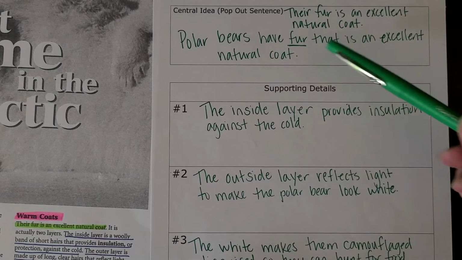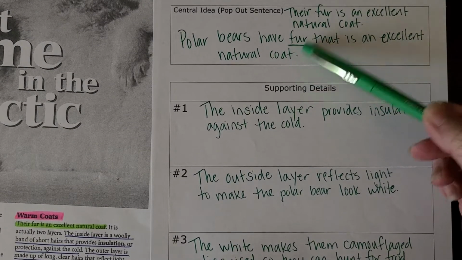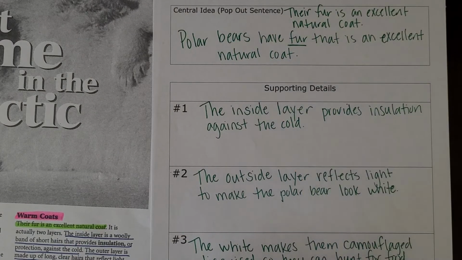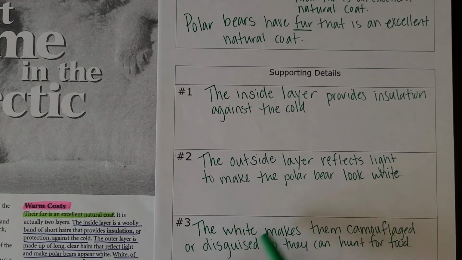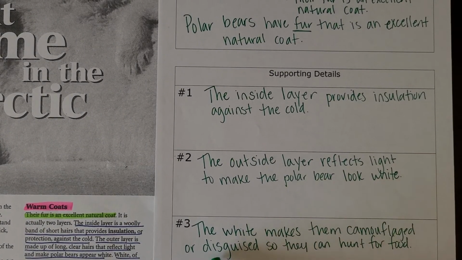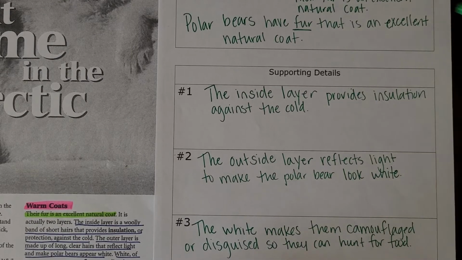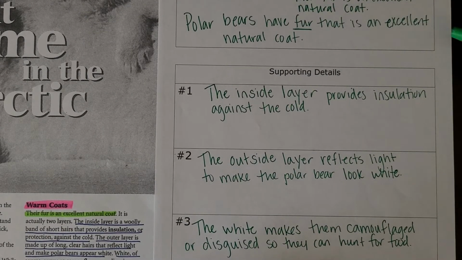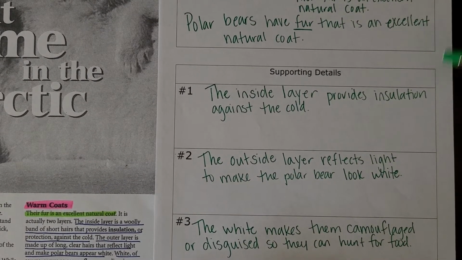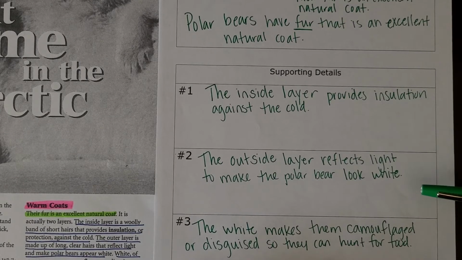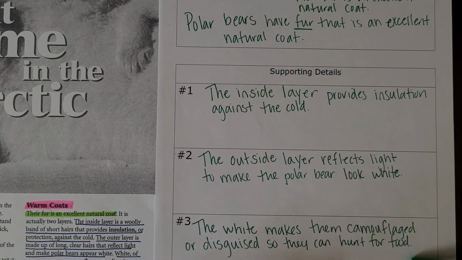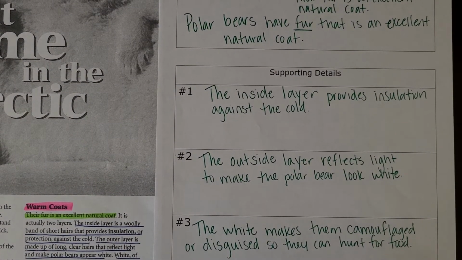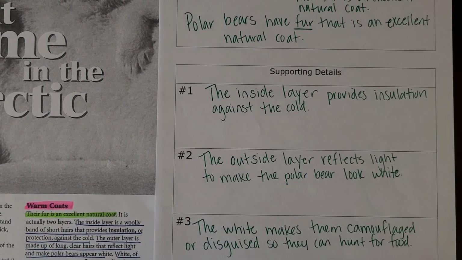Reflecting the light is a good natural coat for the polar bears to survive in this Arctic world. And the third detail is that the outer layer makes them camouflaged so they can hunt for food. So all of this goes back to the polar bear's fur and how it's an excellent natural coat that helps them stay warm, stay reflected, and hunt for their food. So all three of these details support that pop-out sentence.